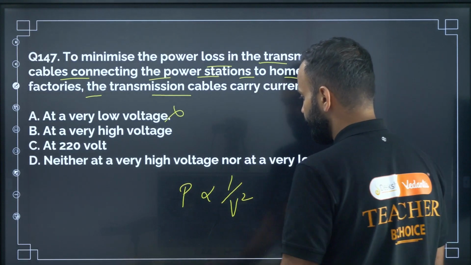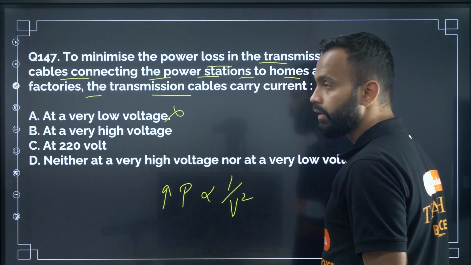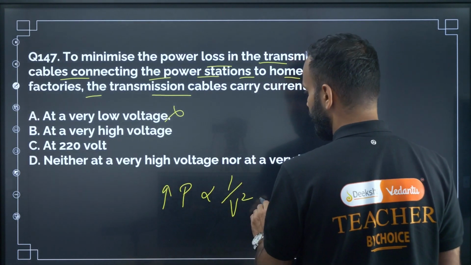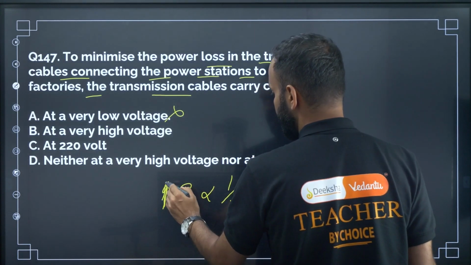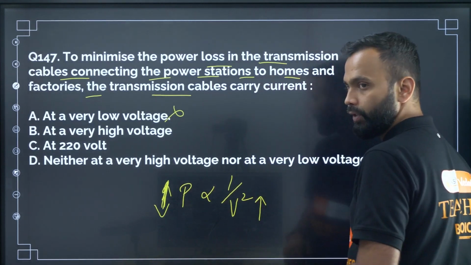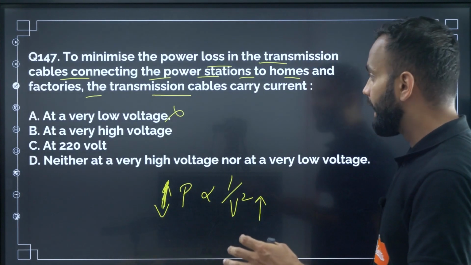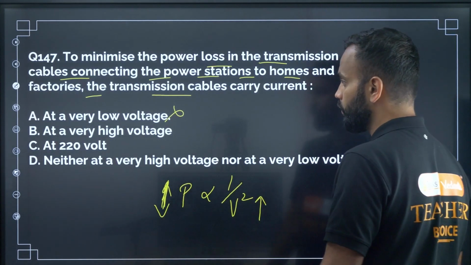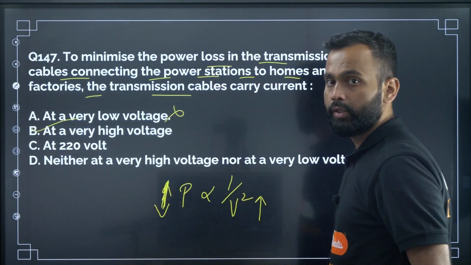So to minimize the power loss, we need to increase the voltage, right? We need to send the current at a very high voltage, right? So the correct option is B, okay.